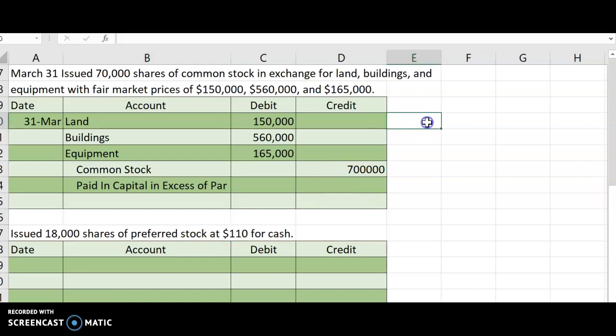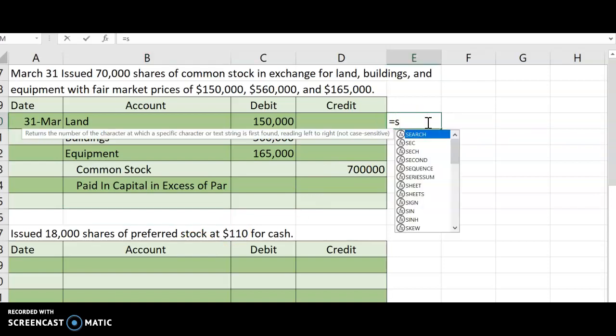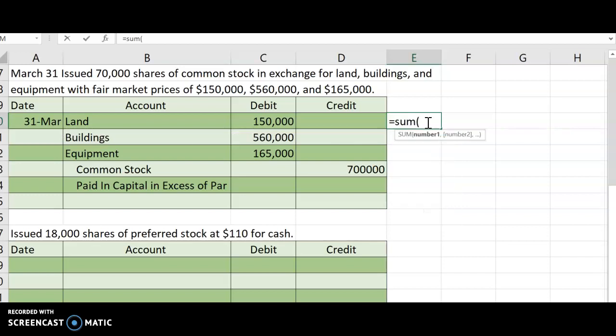Okay, so I've received assets with a total, if I sum the assets I have, this is the amount of assets received. And then we can see that the par value is $700,000.